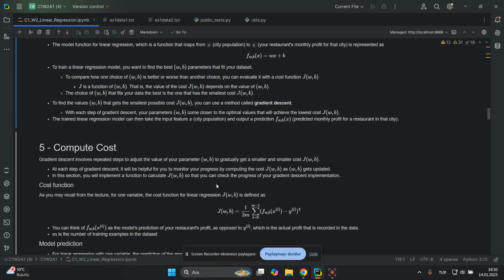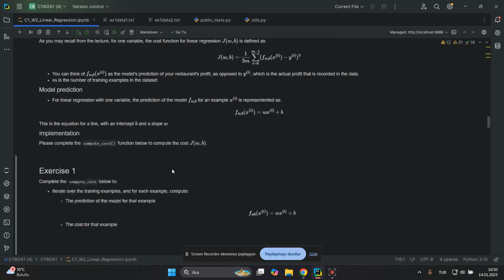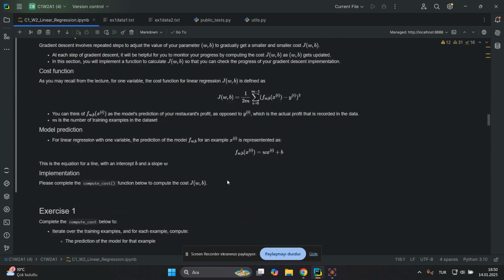You can think of f_wb(x^(i)) as the model's prediction, which is compared to y^(i), the actual profit recorded in the data, and m is the number of training examples. The model prediction for linear regression with one variable, f_wb(x^(i)), is represented as here, the equation for a line with intercept b and a slope of w.